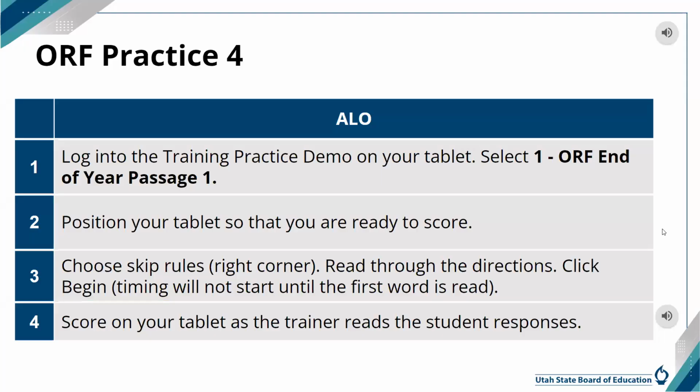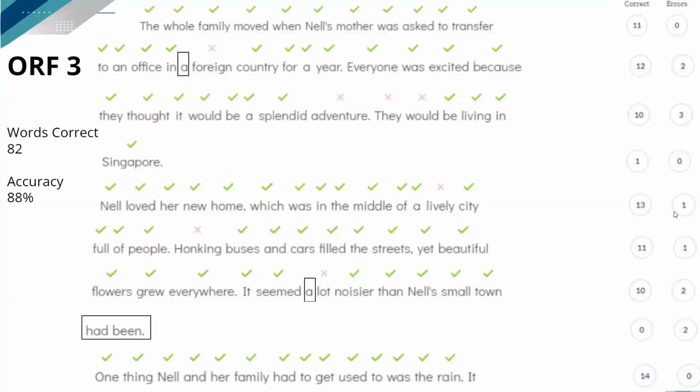We're going to move to first grade. So an acceptable range still is you want to be within words correct 1 to 2 points. For accuracy, it's a little trickier because we're going by percentages. So I wouldn't say 1 to 2% within accuracy is acceptable, because that is way outside.